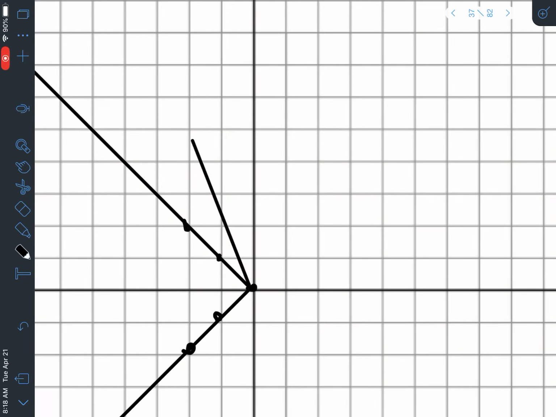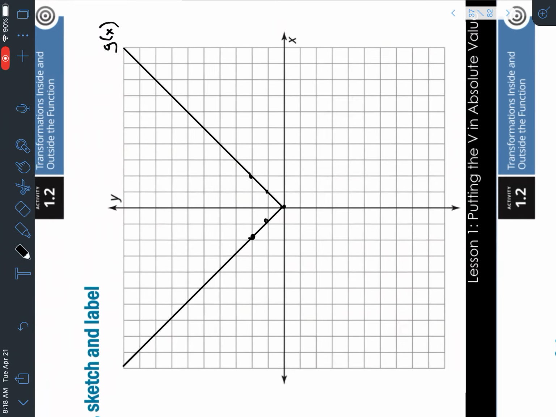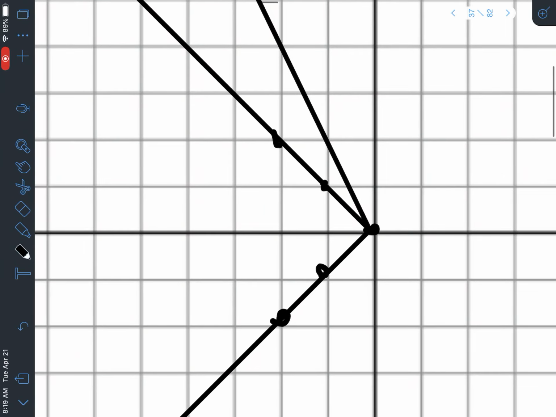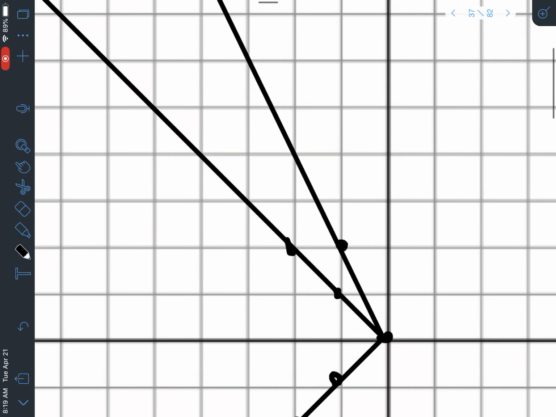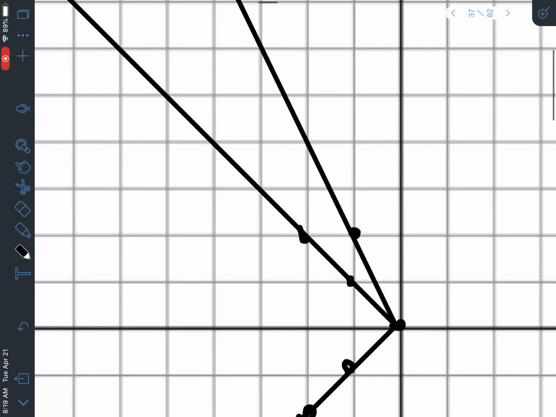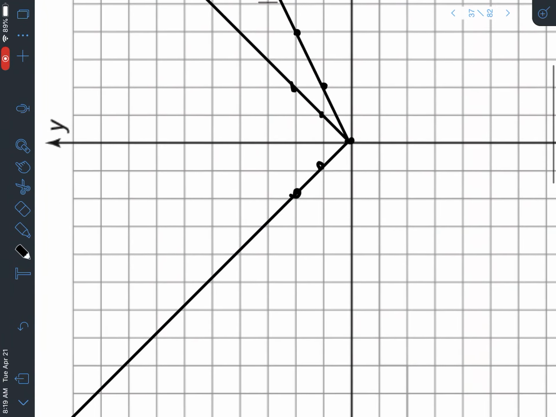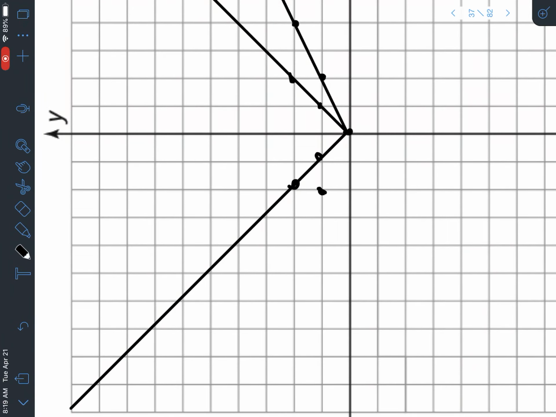So it's going to be like every two lines. So we have a point here, a point there, there, there, and there. So we go the opposite way, it's going to be the same thing.